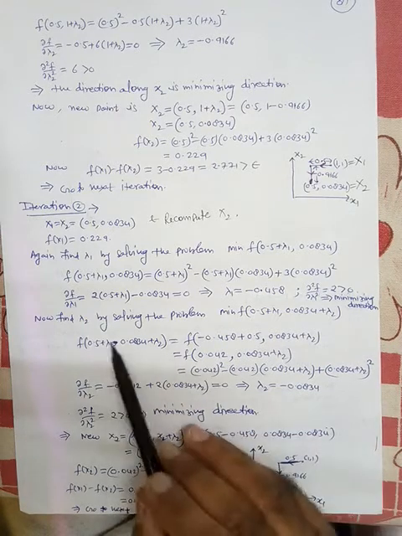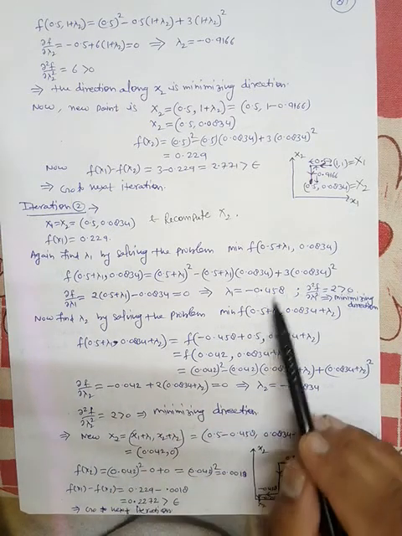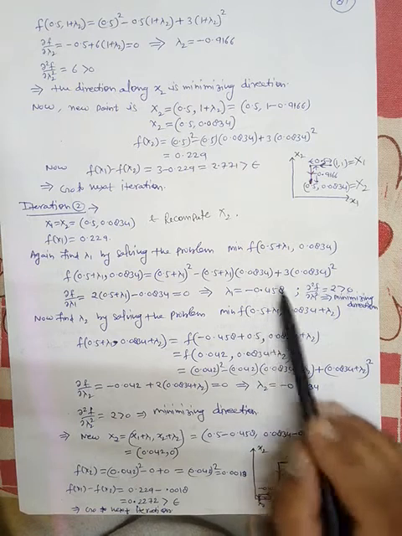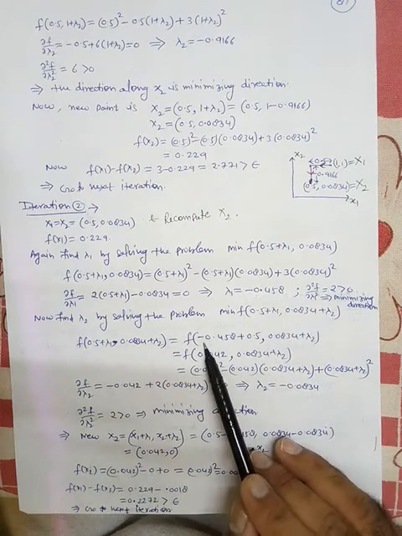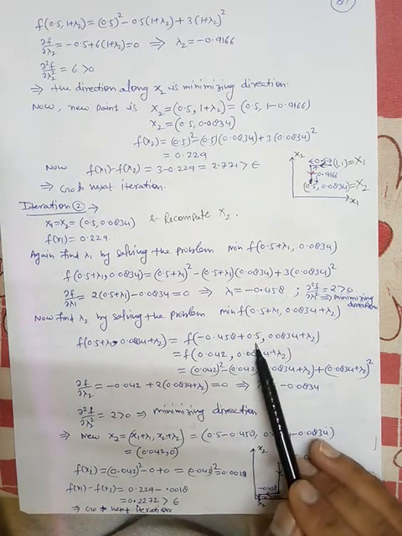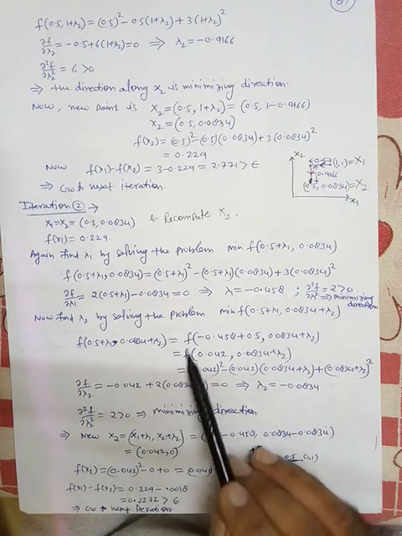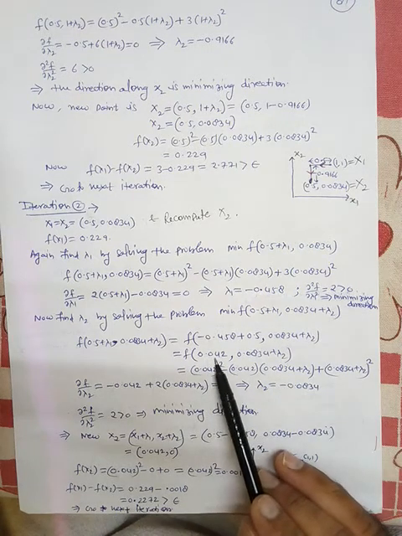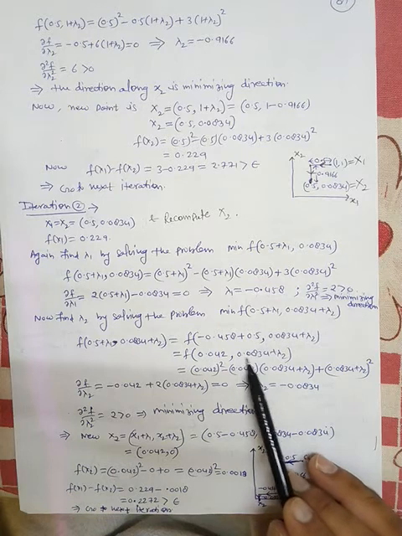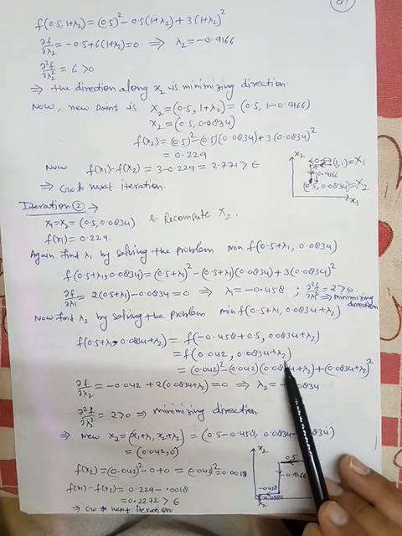So f of this is basically 0.5 minus 0.458, which is nothing but f(0.042, 0.0834 plus lambda 2).